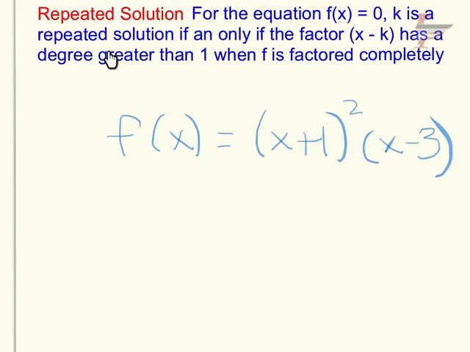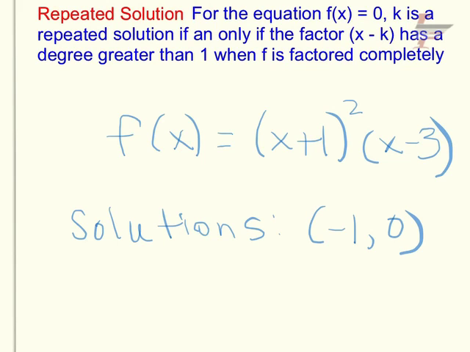A repeated solution is when you have a factor that has a degree greater than 1. So here's my factor, but it's squared, so the degree is greater than 1. So that means my solutions are going to be, and you should know this, at -1 and +3. Now I have a third degree function here, right?